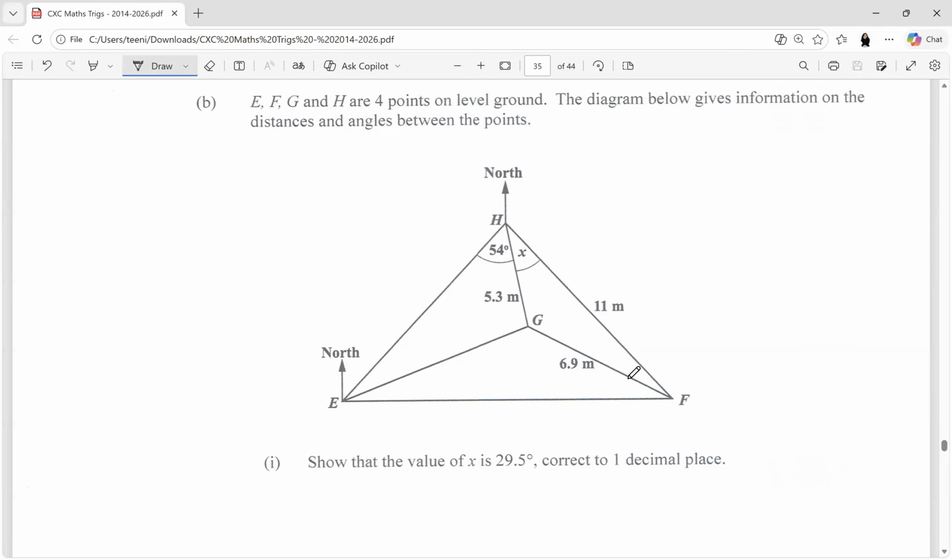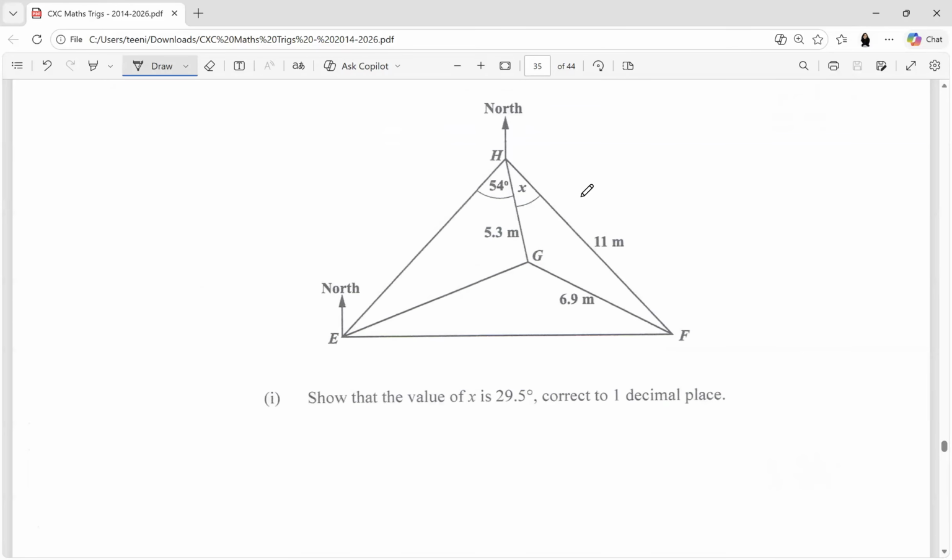We cannot use the sine rule here because of the triangle that we're considering. Let me outline it for you, because if you didn't notice as yet, we have 4 triangles here. We have the big triangle EHF. Then we have the triangle in question, GHF.